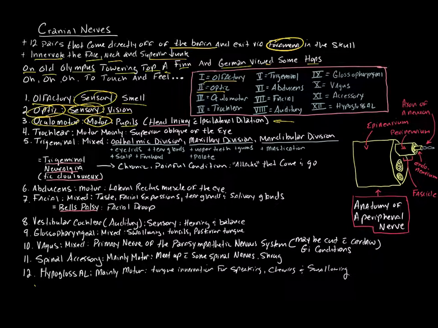All right? And we know that anything that puts pressure on the oculomotor nerve will cause the pupil to dilate. And so when we see pupillary dilation, this tends to be an ipsilateral finding. What does ipsilateral mean? When I say the term ipsilateral, what does that mean?